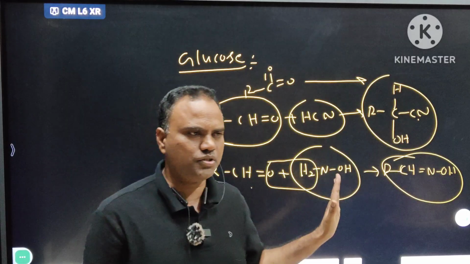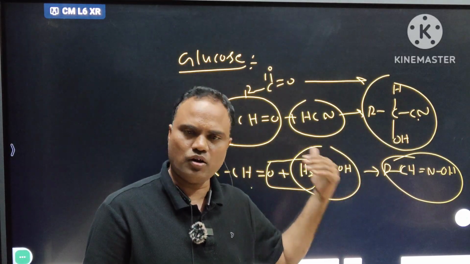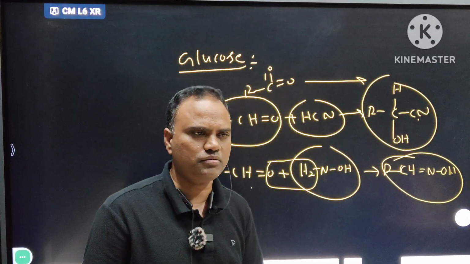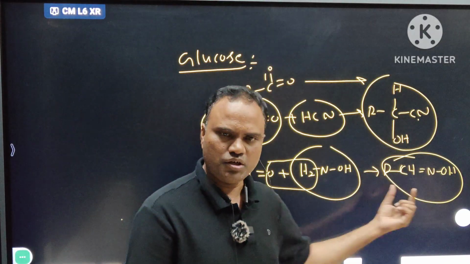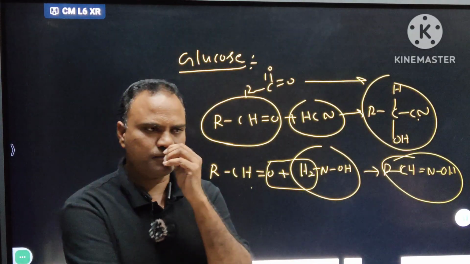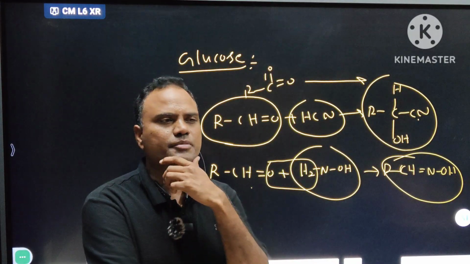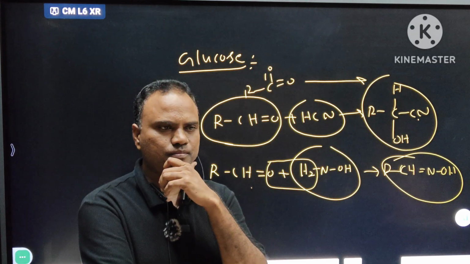When we add HCN, if we get a cyanohydrin, then aldehyde or keto group is present. When we add hydroxylamine to an unknown solution, if you get oxime, then aldehyde or ketone is present. Clear? So what are the confirmation reagents to identify carbonyl group?